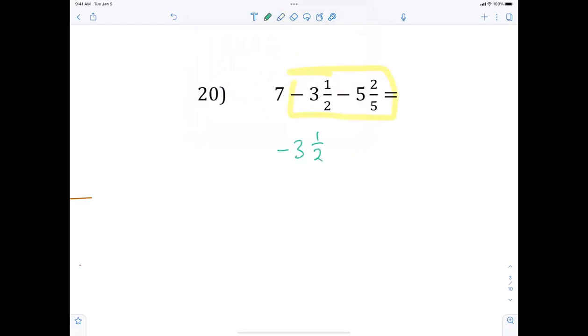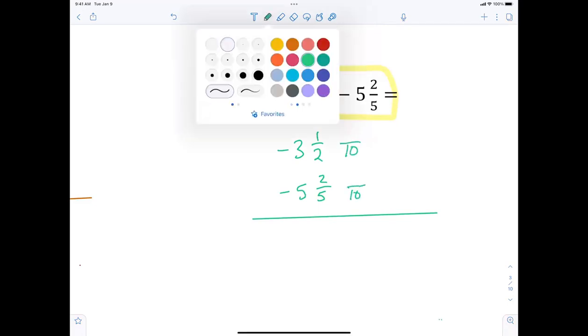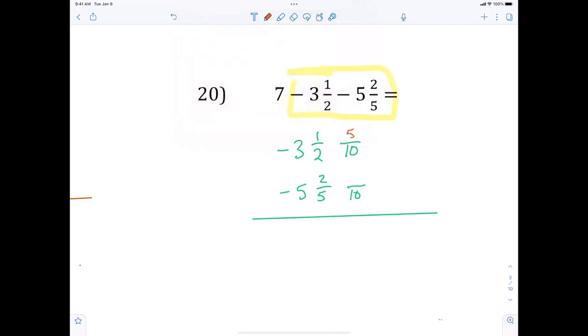-3 1/2 minus 5 2/5. And tell me what we got here. Good. Yes. So what do I have all together? Yes, -8 9/10. Come on, guys, that wasn't that bad.